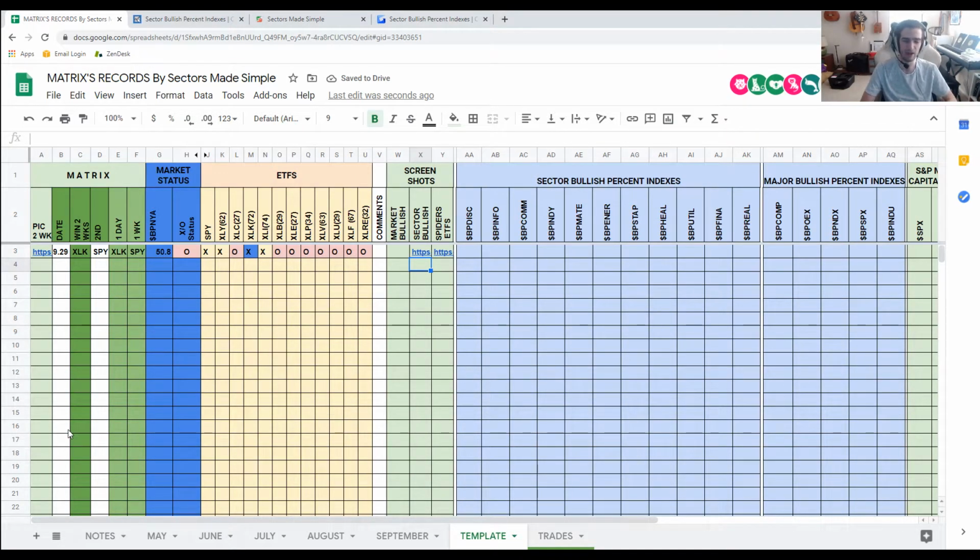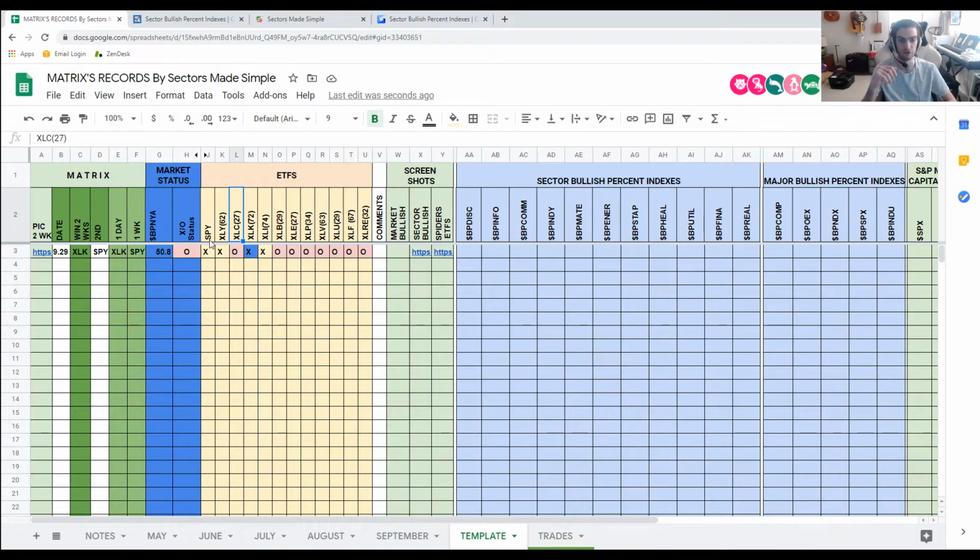So the BPI on the matrix is a more accurate assessment of the sector, but not of the ETF, if that makes sense. Because these ETFs are by law required to only trade S&P 500 companies in those sectors. Now, some companies may belong to multiple sectors.